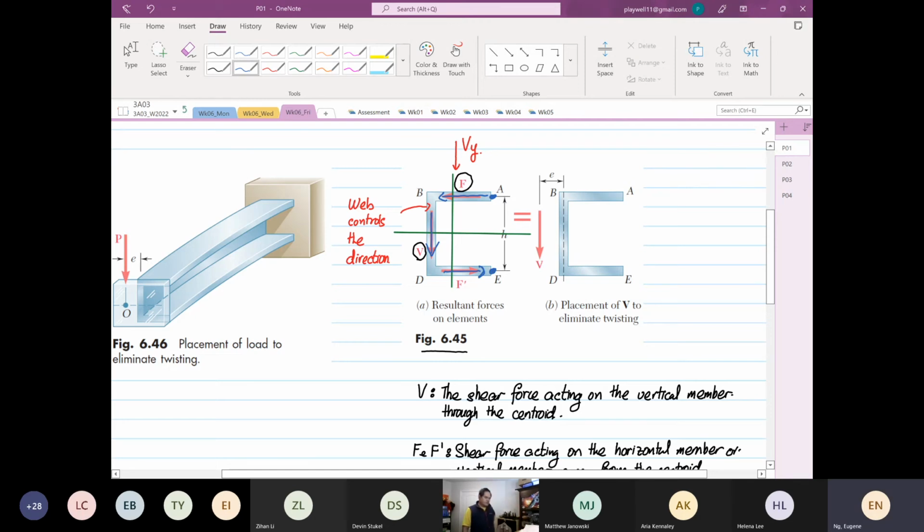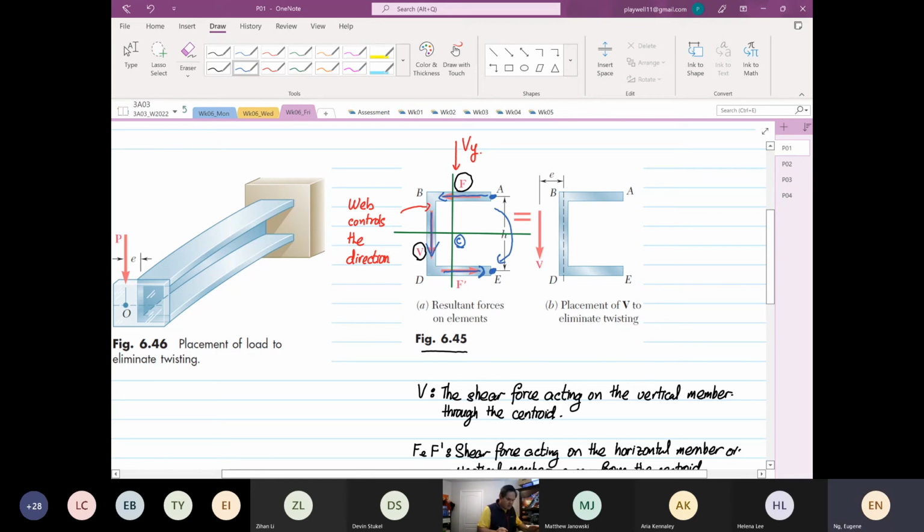Okay, these are known as your terminal now. What these forces are going to induce is the counter moment, because at this present moment, if Vy is exactly acting on the centroid point C, the structure will tend to twist this way.